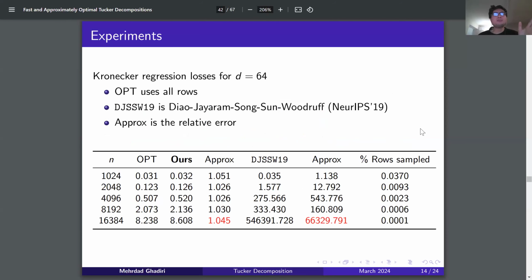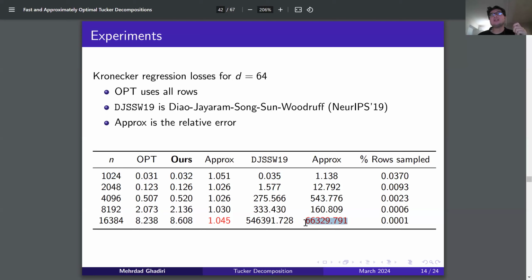The other thing I promised I'd show you is the stability. This is the error they're getting, and this is the error that we are getting in solving the Kronecker product, for n equal to 1024, increasing n. This approx is essentially the relative error.